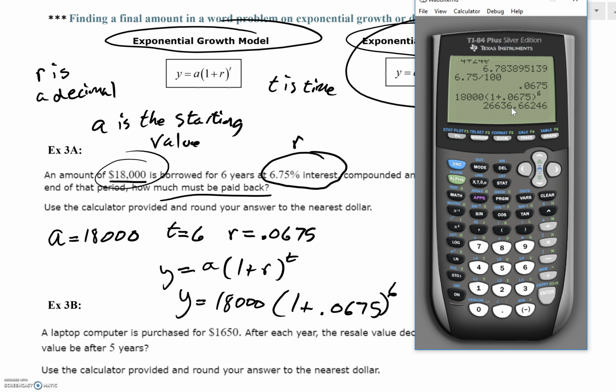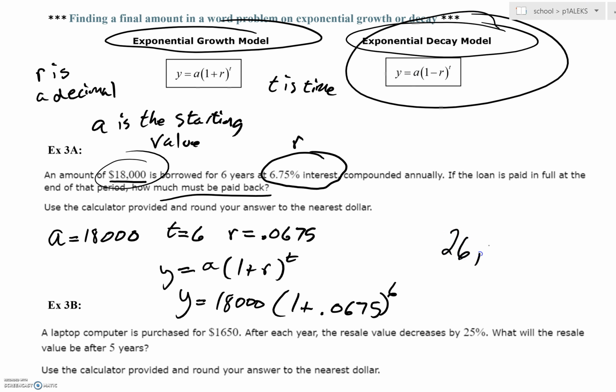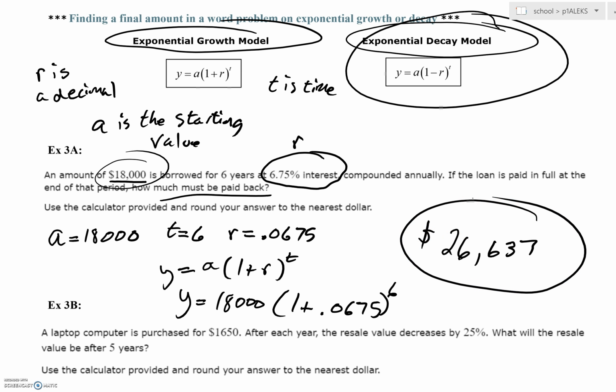So it's 26,637. That's how much money is accumulated. This is how much someone would have to pay back on a loan. Way more than the 18,000. That's how a bank or a lending institution makes their money.